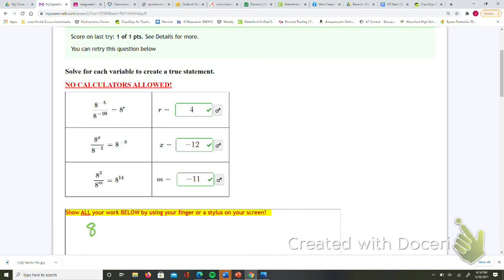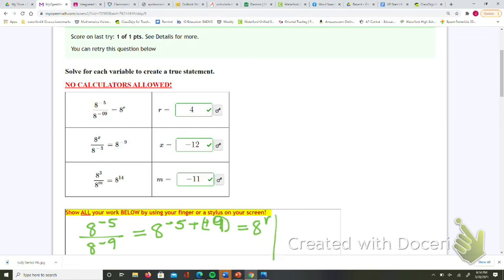So 8 to the negative 5 over 8 to the negative 9 equals 8 to the negative 5 minus negative 9, which equals 8 to the r. So I change it to plus negative, or plus positive.